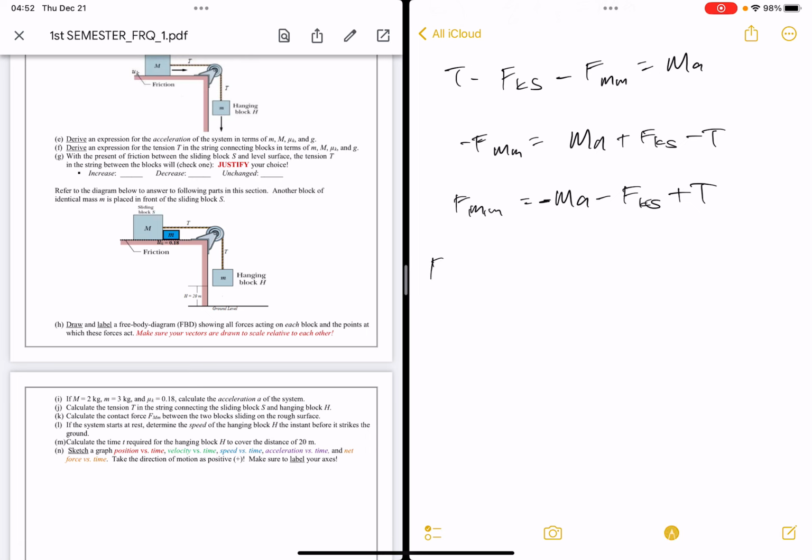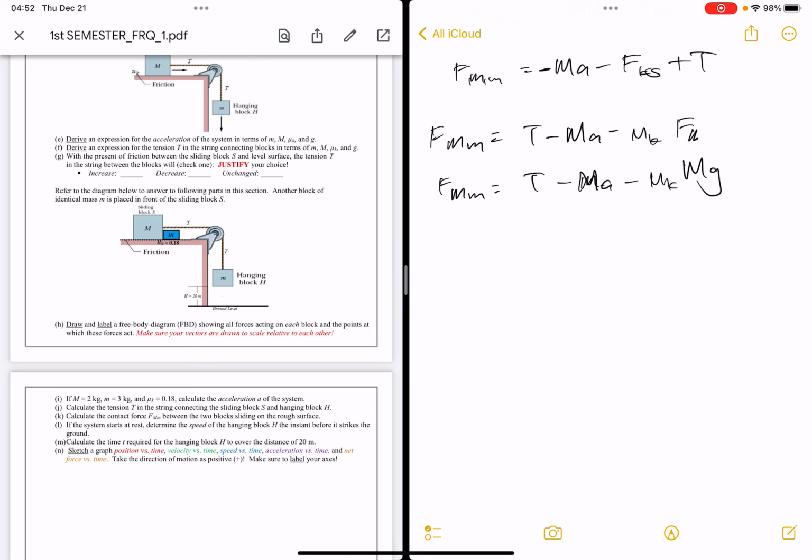So I'm gonna expand the other side and reorder it as well. Minus M a minus mu K F N, and we know F N is M g. T minus M a minus mu K big M g. Okay, and from here we need to plug in all the values we know.